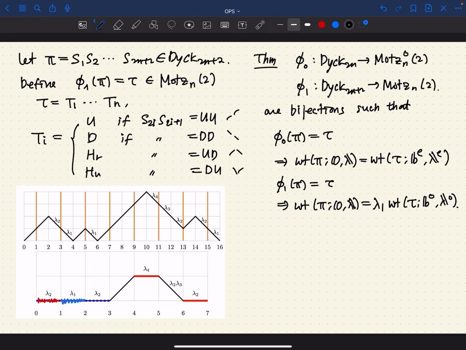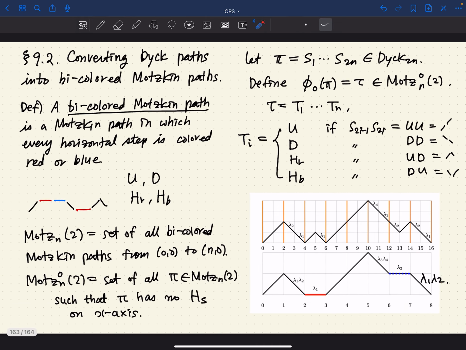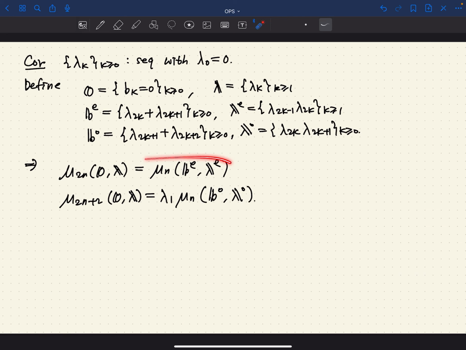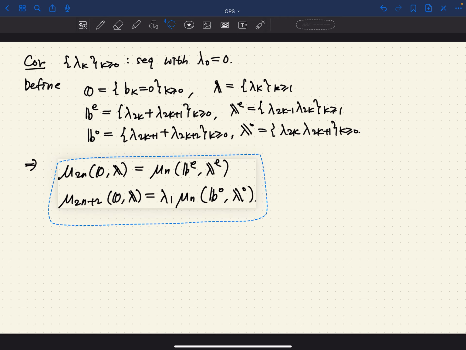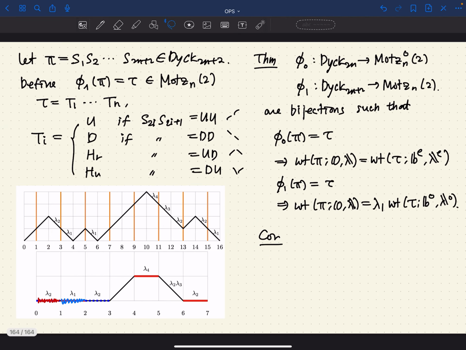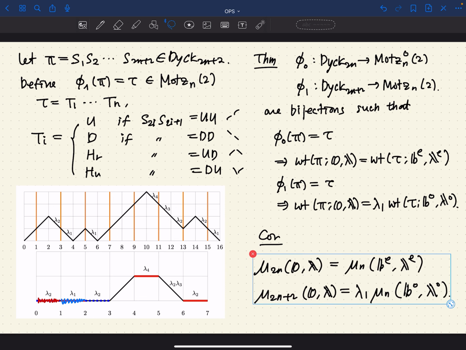So I'm gonna write down the corollary. This corollary, we have this. Maybe I can write down this. So this gives us another proof of, yeah. Okay, we have a combinatorial proof.